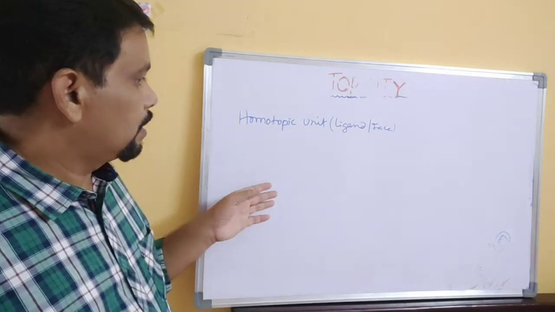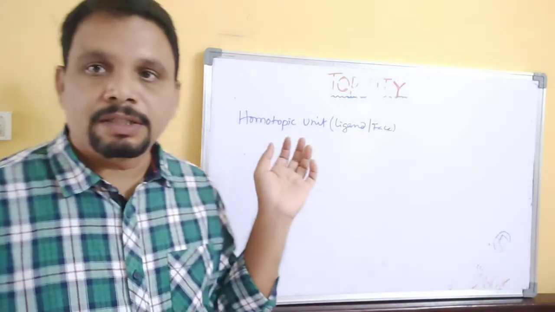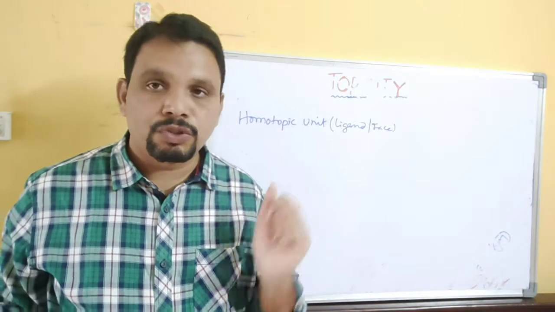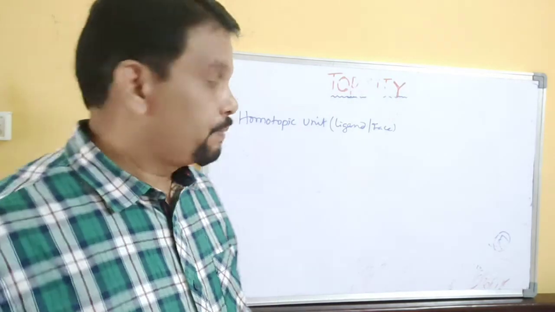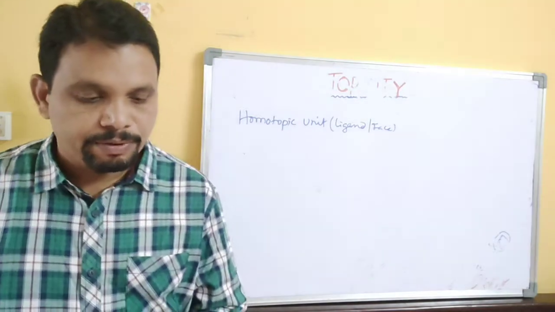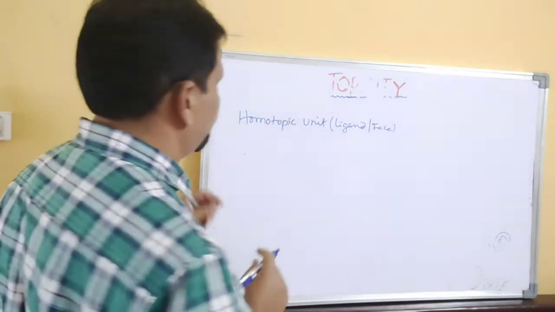So first let me define homotopic unit. The atoms or groups that appear to be identical or equivalent are called homotopic units.